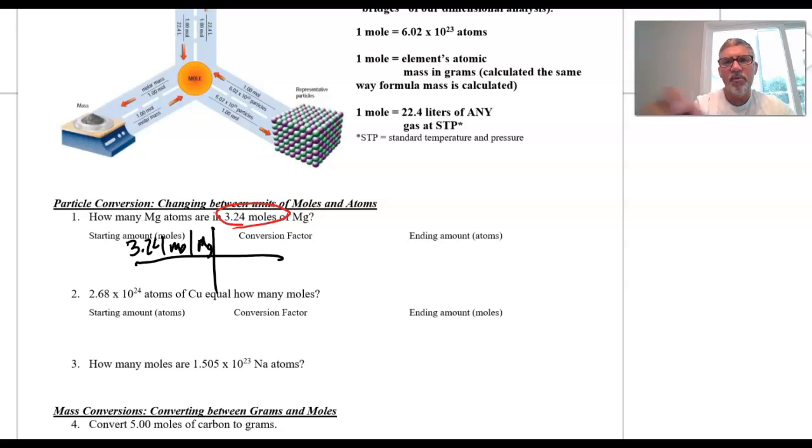Remember, atoms are particles because they're real. So that'll be our particles. So for our conversion, I'm going to put mole in the bottom because I want to get rid of it. And then when I'm doing particles, I've got Avogadro's number. It's 6.02 times 10 to the 23rd. When I do that, my moles cancel out.